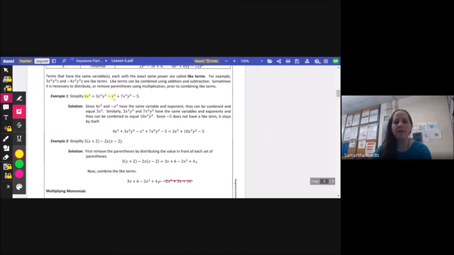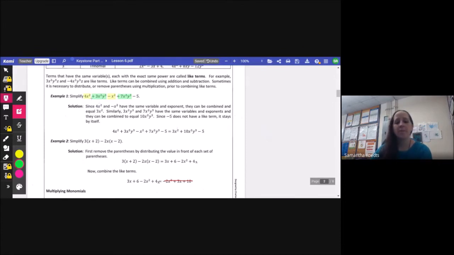Notice I'm highlighting the sign that's out in front as well, because that will be important when you add or subtract them. I can also see that the 3x squared y cubed and the 7x squared y cubed are like terms. Highlight them. And then the negative 5 just gets to hang out by itself. It doesn't have anything that's similar to it. There are no other constants.